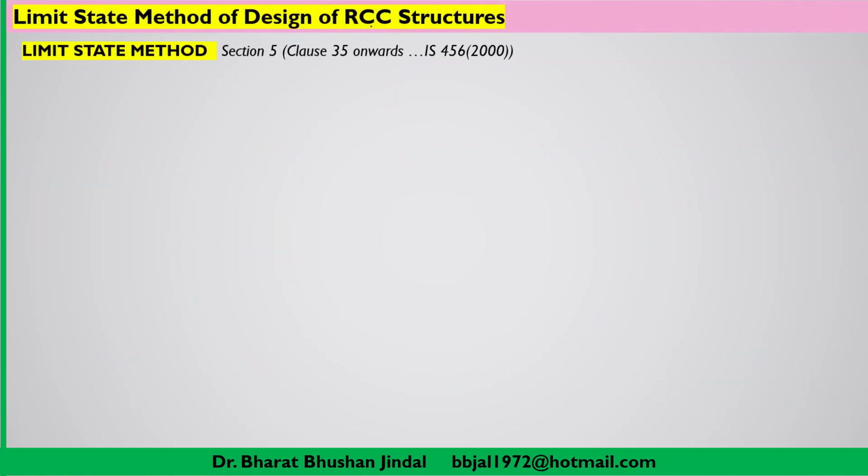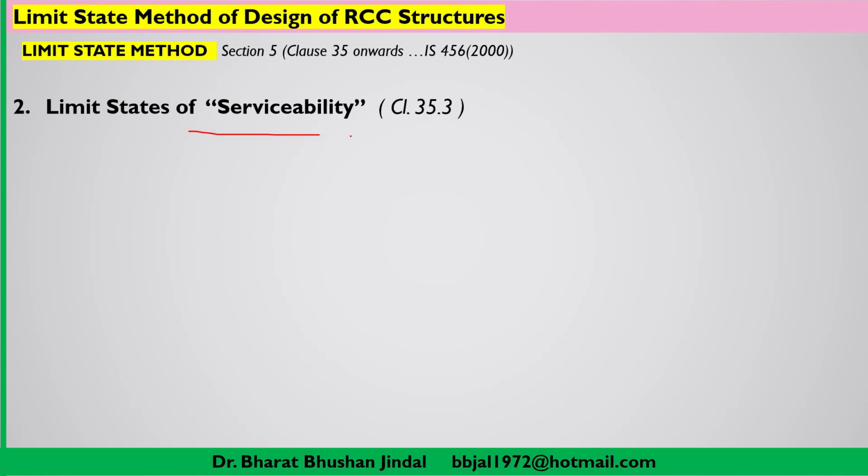So then again, the second type of limit state is basically the limit state method. First of all, we have discussed limit state of collapse. Now limit state of serviceability, which you can refer to in clause number 35.3.